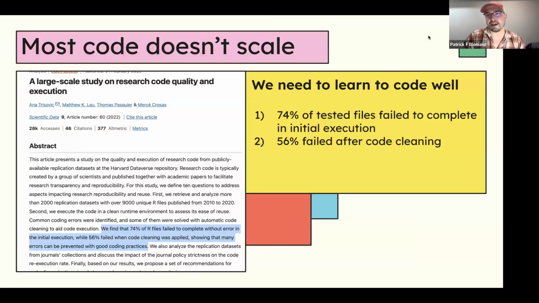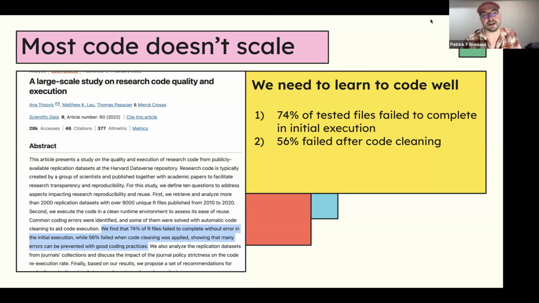Great. So I've set up this intuitive idea where if we have all the data and all the code, we would expect we would get the same result. And it turns out a whole host of research has suggested that when you look at the literature and you try to do that, they often fail to do so.